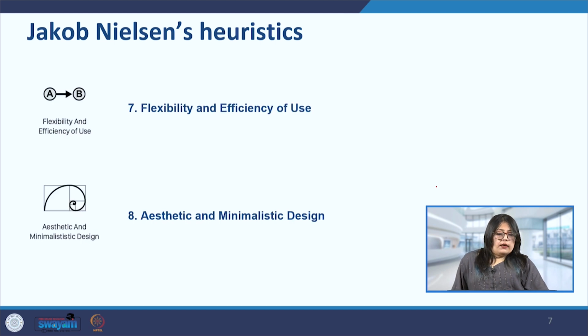Now, flexibility and efficiency of use is where we are aiming to make the system more flexible and also efficient to be used by the user. There are several graphic softwares, and even text-based softwares like Word, or Excel, and other things that we use.